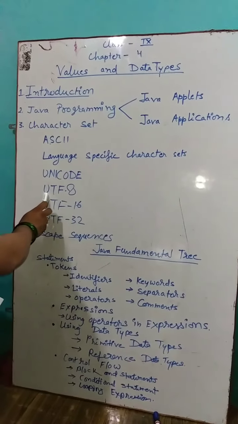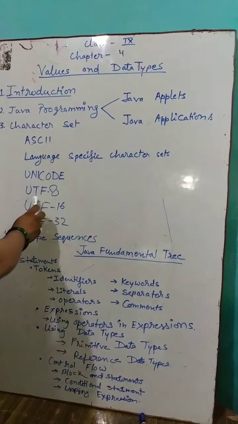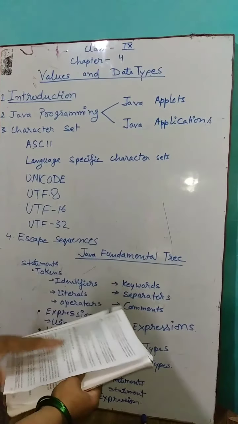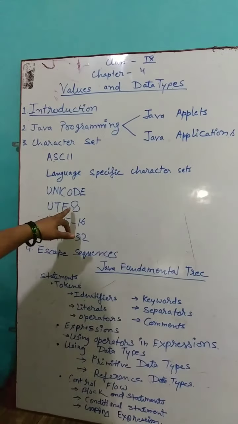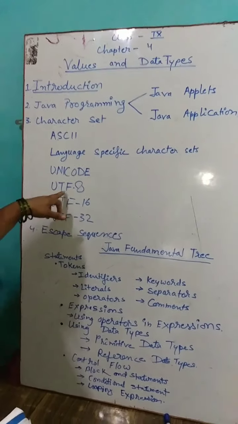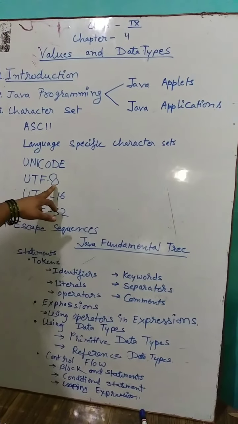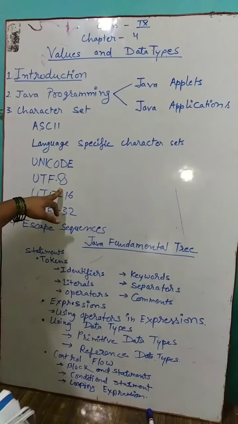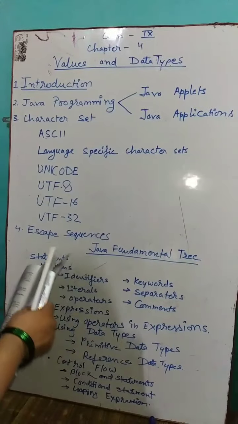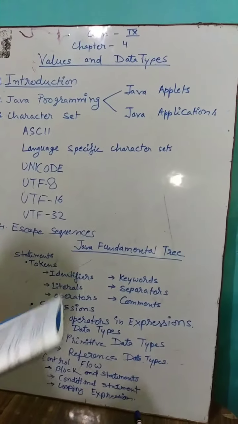Next is UTF-8. UTF-8 means Unicode Transformation Format. Okay, what is the full form of UTF? Unicode Transformation Format. So UTF-8 is a character set that implements Unicode in 8-bit blocks.